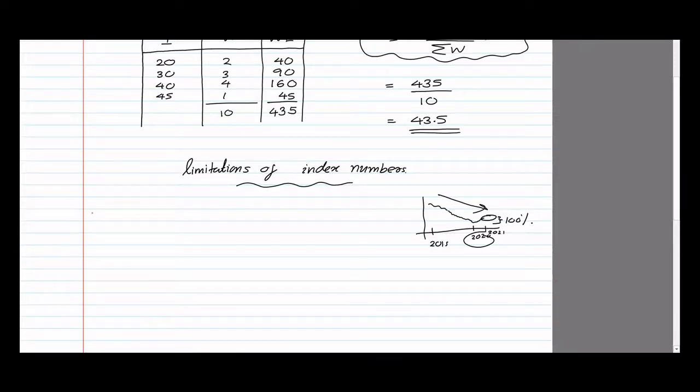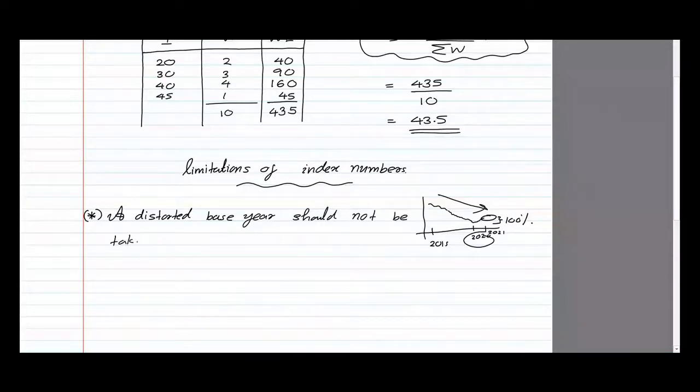So one thing is a distorted base year should not be taken. If you take a distorted year, then all the indices will be distorted values, not true values.